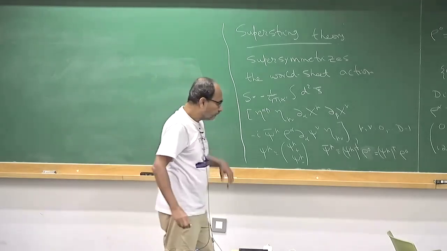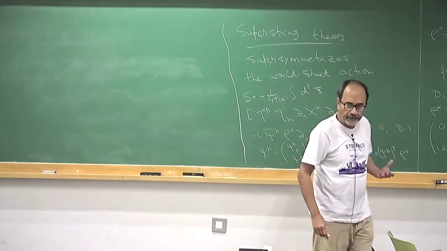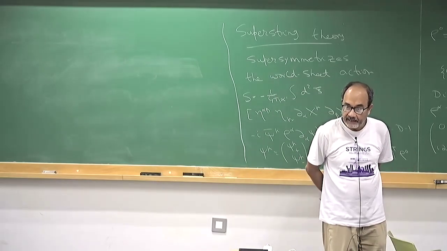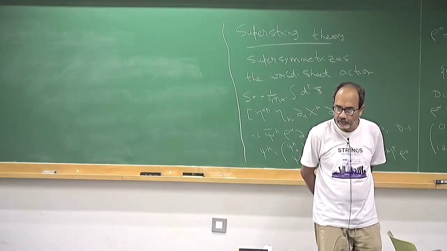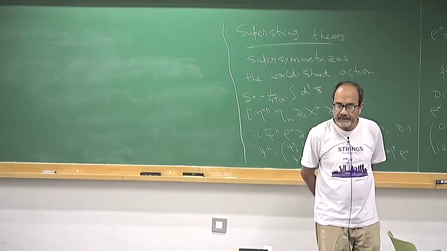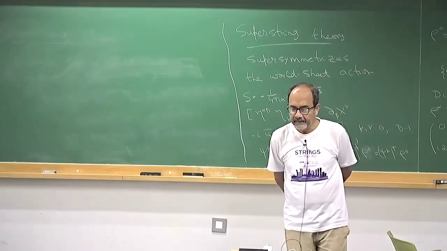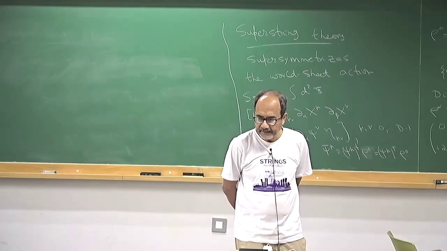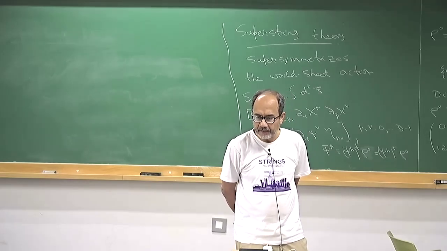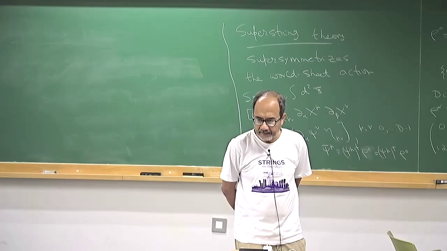The equations of motion are real because of our choice of the gamma matrices. This is what is called a Majorana representation, where all the gamma matrices are purely imaginary. In the Majorana representation, the Majorana condition is just reality. In a different representation, you will have to use a different condition for psi plus minus to be Majorana.